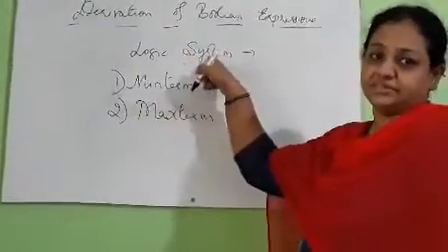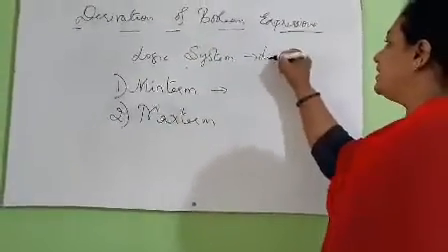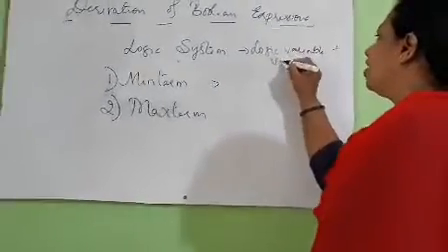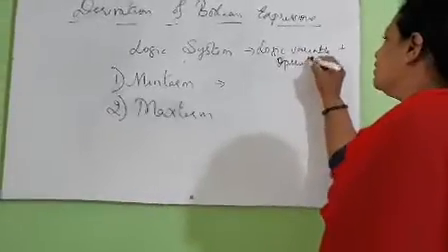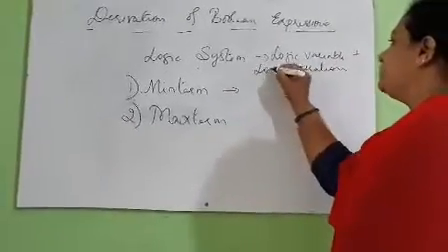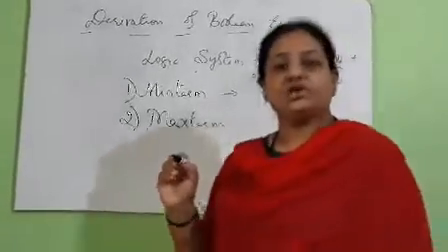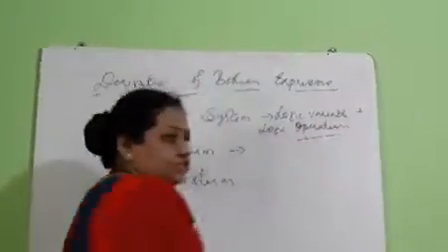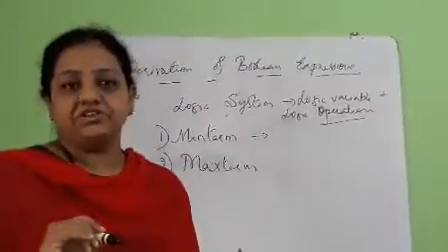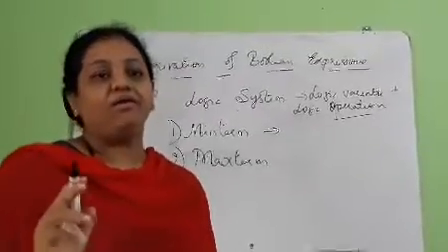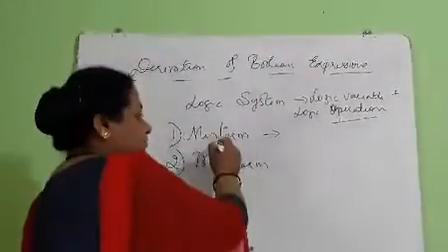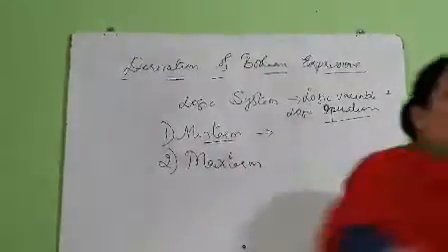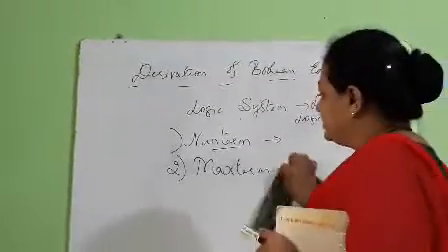So in a logic system, we have logic variables and logic operations. Logic variables can be a, b, x, y, a choice of your own. Then we have logic operations. As you know, the basic operations of Boolean algebra are and, or, not. So what is min term? Min term is a product of all literals in a logic system.